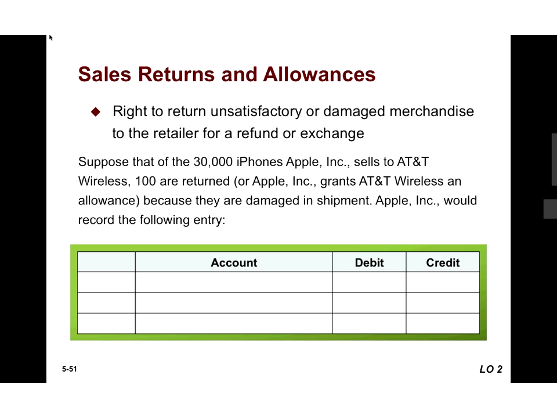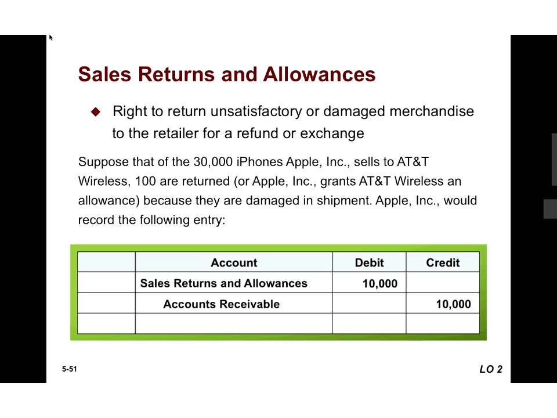Let's say of the 30,000 iPhones Apple sells to AT&T, 100 are returned because they're damaged in shipment. So when AT&T returns the 100 phones, Apple's going to debit an account called sales returns and allowances and credit accounts receivable.